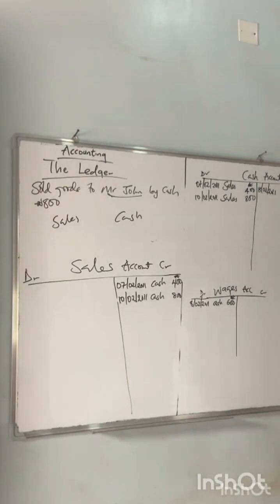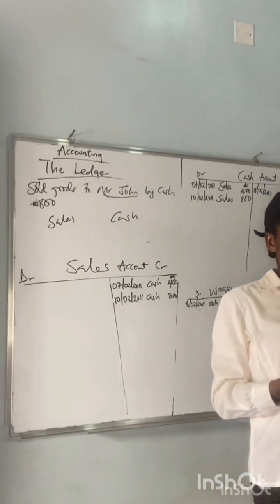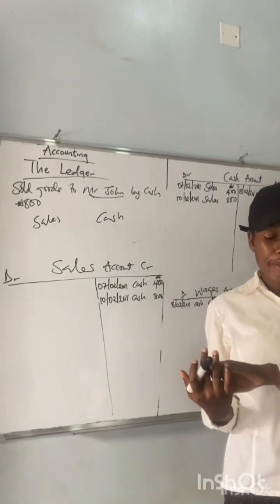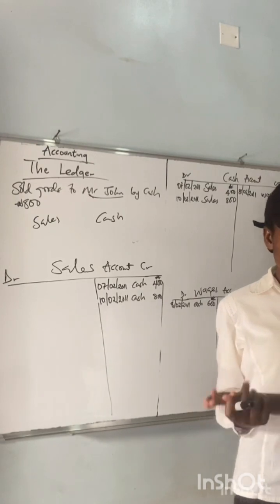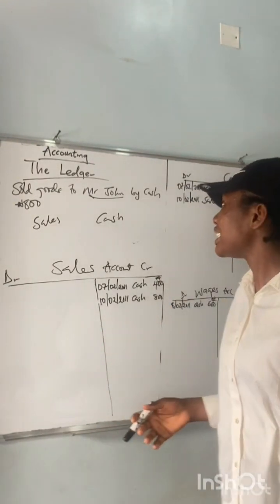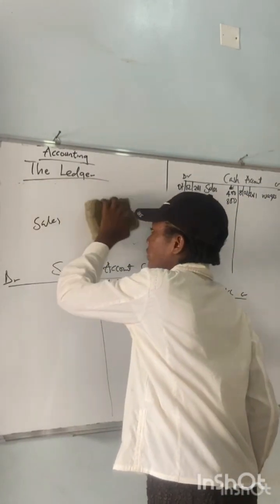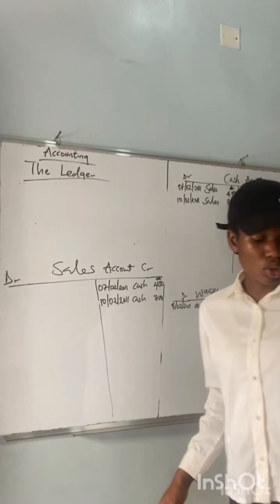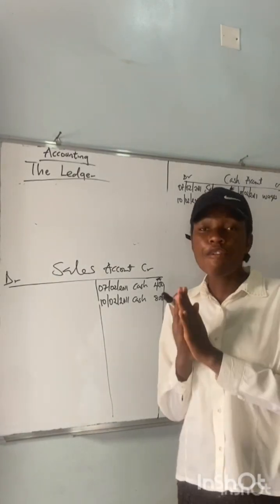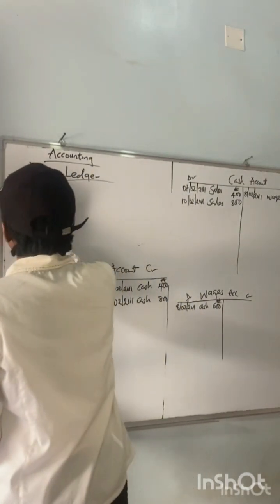Now I'm going to enter the next transaction. On the 12th of February 2011, we sold goods to Mr. Oko, 400 naira. In this case, cash was no longer indicated.